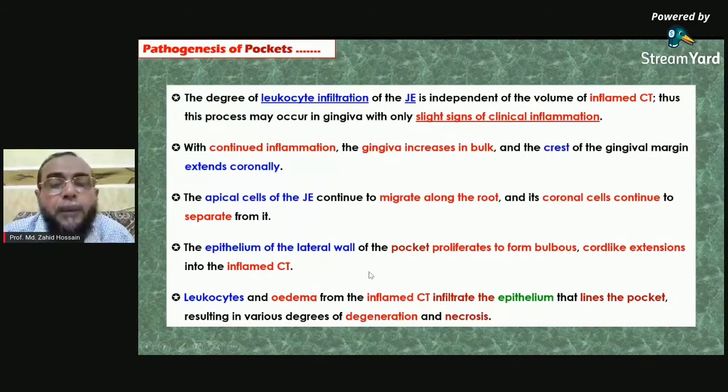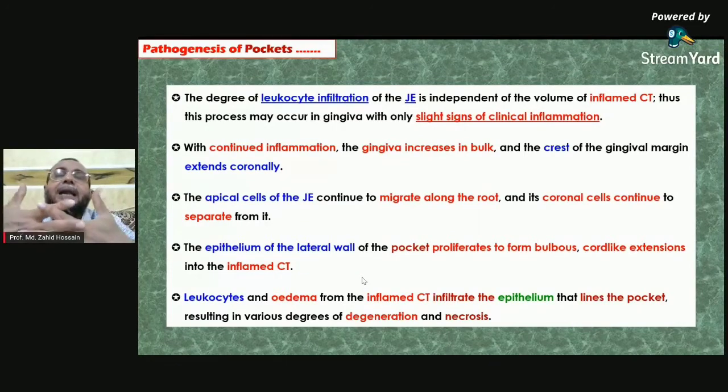The epithelium of the lateral wall of the pocket proliferates to form bulbous, cord-like extensions into the inflamed connective tissue. If you see the histology, I have some pictures later on, you will find that the epithelium becomes proliferated, cord-like, and embedded in the connective tissue.